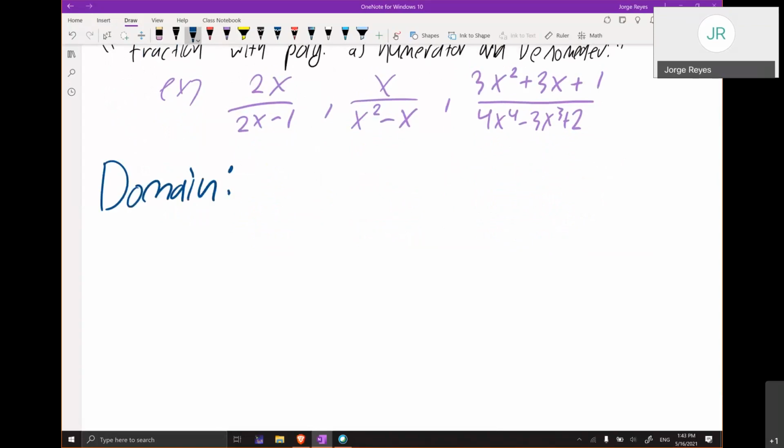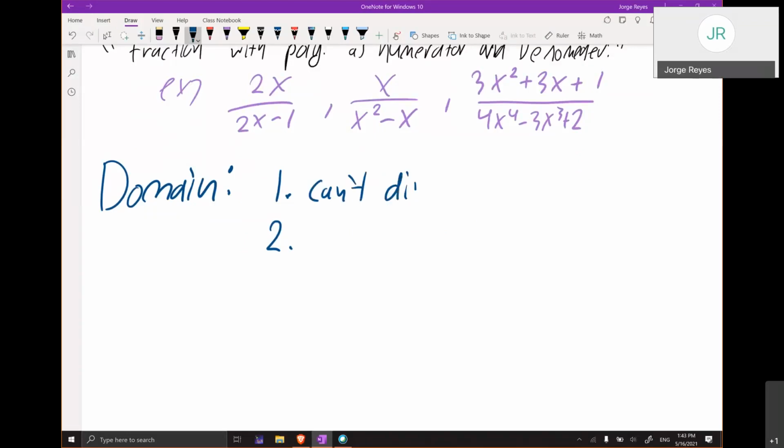Now, domain used to be the defining feature between an A student and a B student. If you understood domain very well, you would possibly be an A student, and if you didn't, then that would probably elude you. For now, I'm going to introduce the two rules of domains. Rule one is you can't divide by zero.